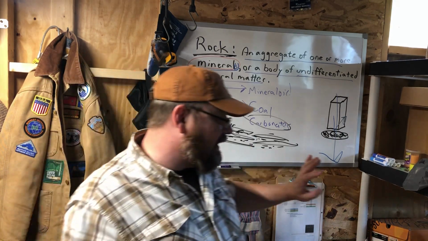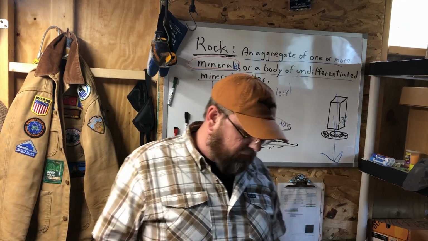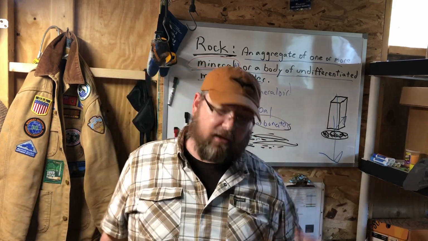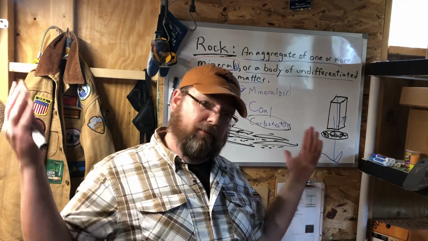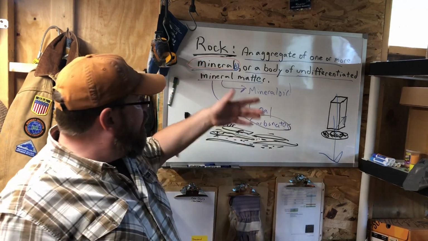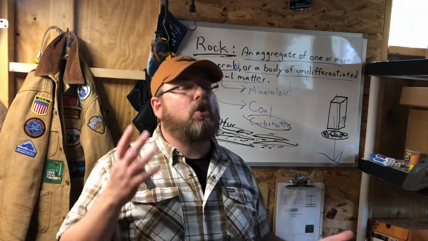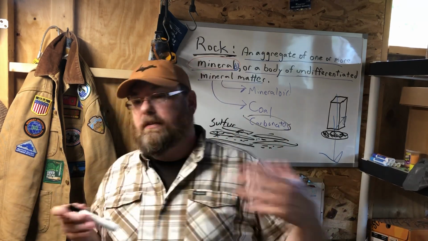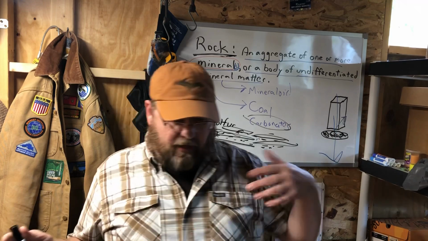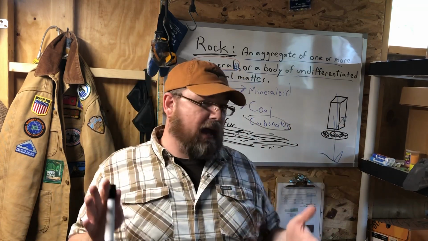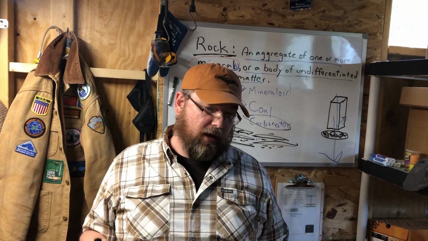Now, I mentioned solidus and liquidus, and I'm just going to touch on that because in order to be a mineral, you have to be a solid. I've already talked about this; like I said, the episode's linked below. Well, there's a gray area in between liquid and solid. It's the liquidus-solidus line, and it has to do with geothermal gradients and stuff like that.